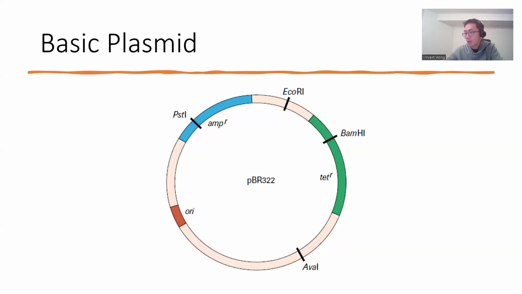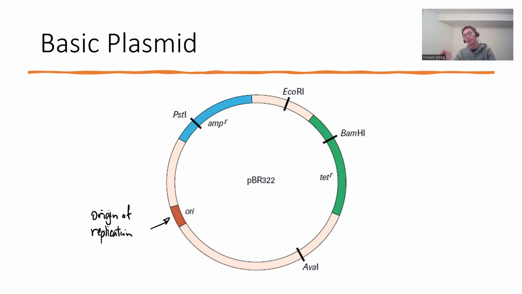So over here in our plasmid, we have what's called the origin of replication. You know what that is, right? That is where the process of transcription is going to start.